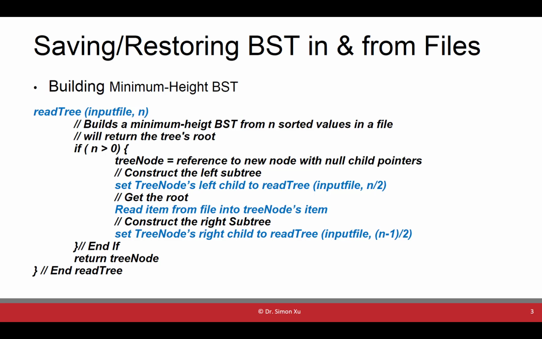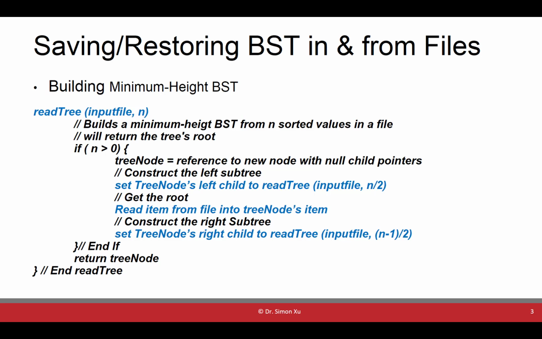Let's make a summary. If we want to save a binary search tree into a file and then restore it into original shape, we need to perform pre-order traversal and save the data one by one into the file. And step 2, try to insert each value into empty binary search tree.